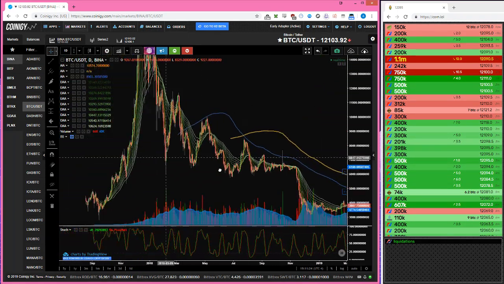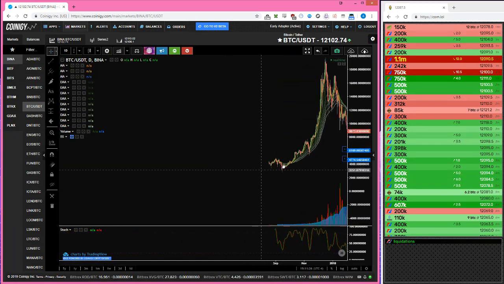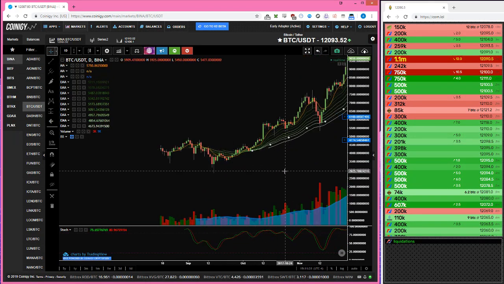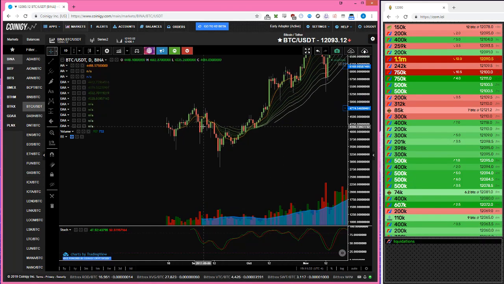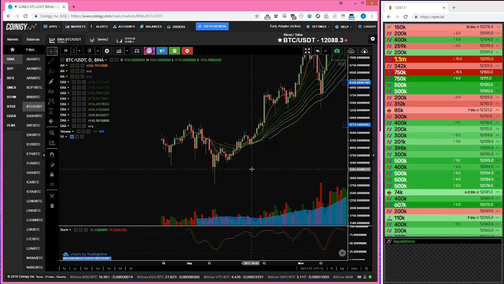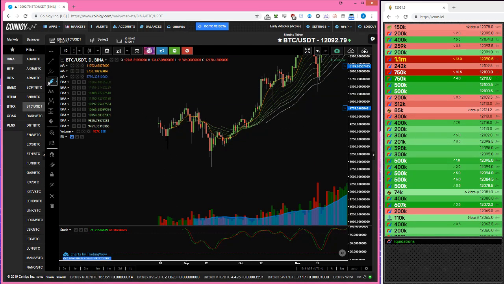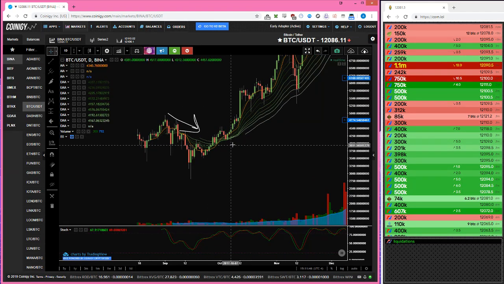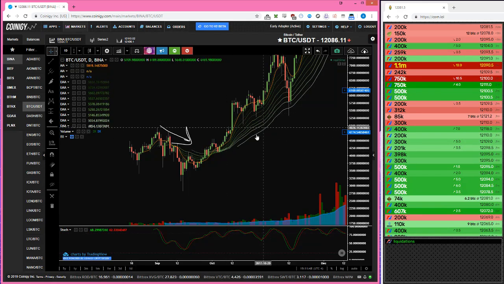So the basic concept is start at the beginning. When the bands are going one way, that's the trend, okay? And when they flip, the trend flips.